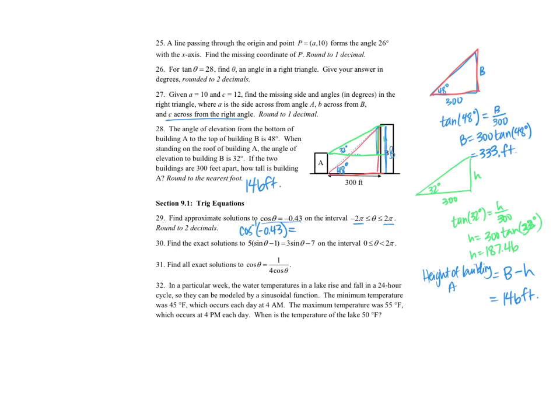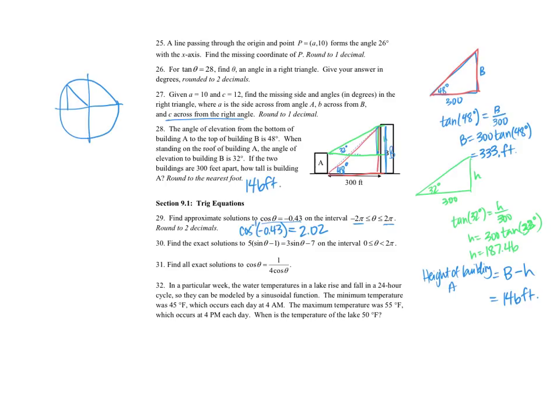And so I'll do cosine inverse of negative 0.43, and that gives me 2.015. I want to round to 2 decimal places, so 2.02. Okay. And if I think about where that is, that's going to be in that second quadrant.